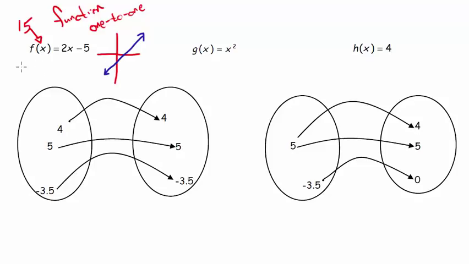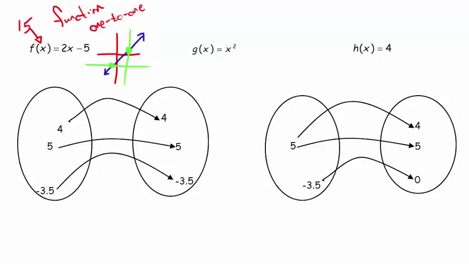Or the way that you might have learned it is if I drop a vertical line, it hits it in only one spot. That means each x has only one y. Similarly, you can drop a horizontal line to see if it's one-to-one. And again, I hit it in only one spot, so yes, each y has only one x.